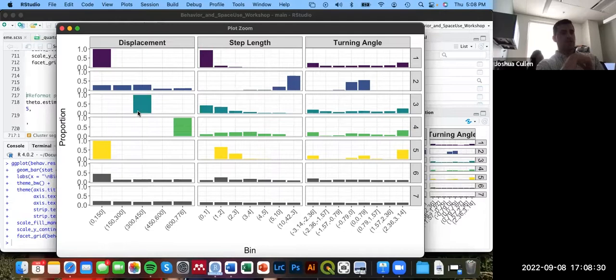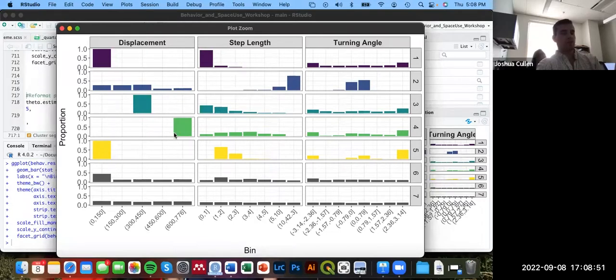State 3 has displacement only in this middle bin with intermediate step lengths and kind of flat turning angle distribution. So this seems really particular to at least one individual or 2 individuals that only went about 300 to 450 kilometers away to the foraging ground.